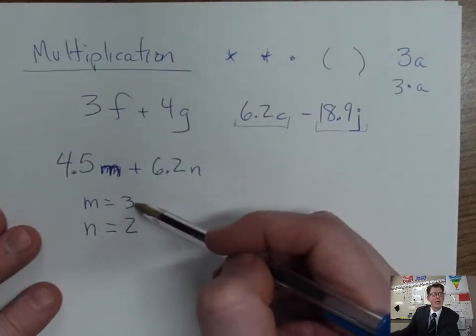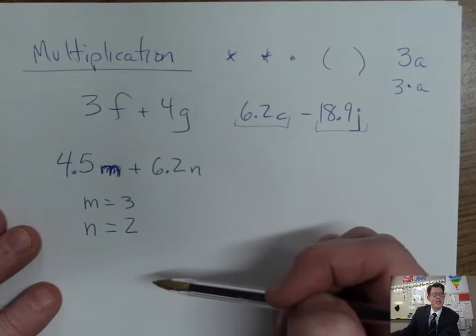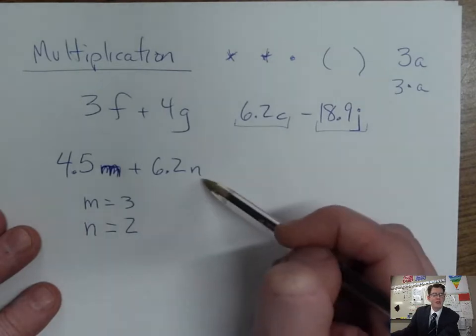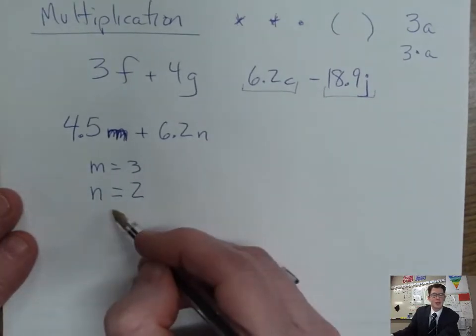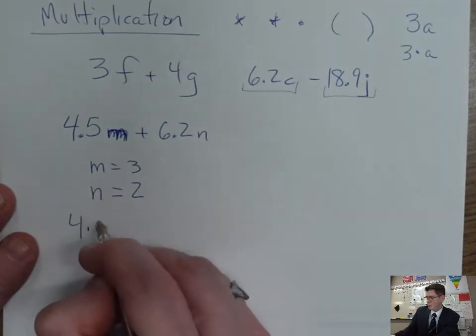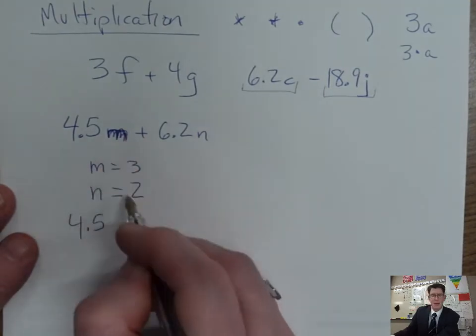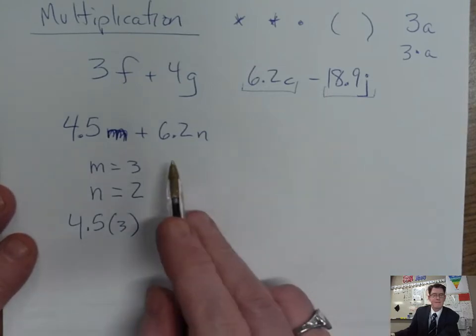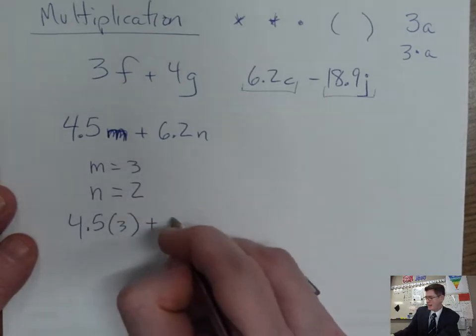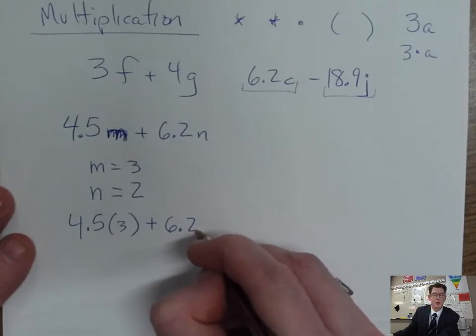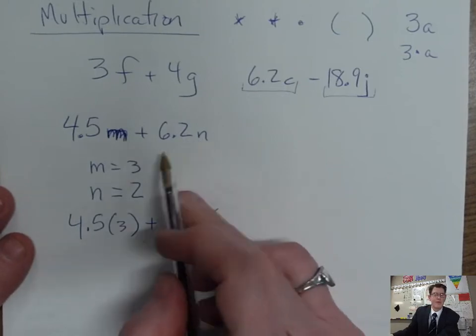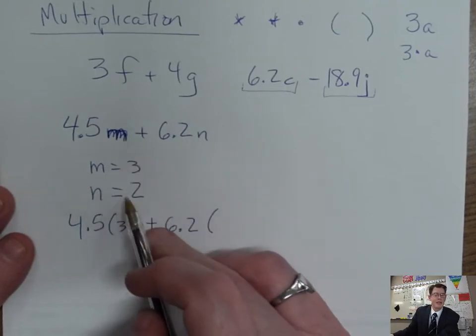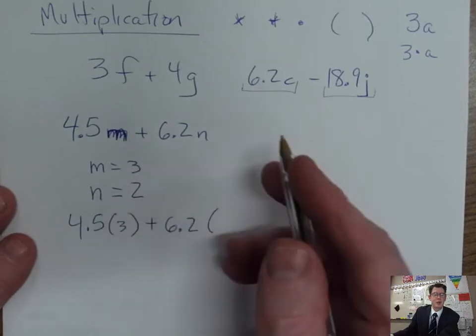You can substitute this 3 in for the m and the 2 in for the n, and now here's what it looks like. Now it looks like 4.5 times the m, which is 3, so it's 4.5 times 3. And then added to that is 6.2 times whatever n is. N is 2, so you can put the 2 in place of the n.